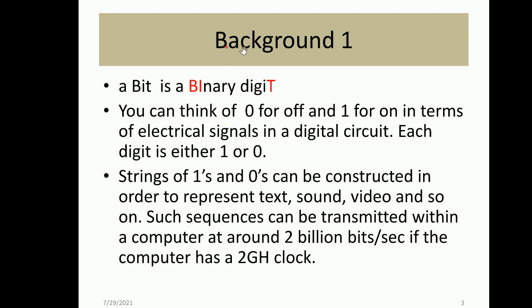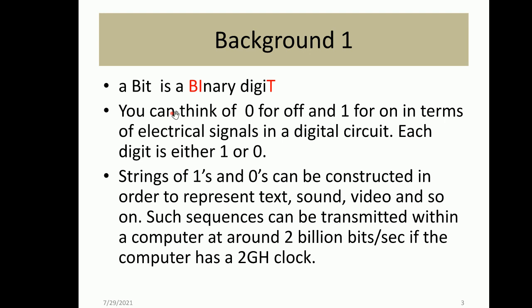So the first bit of background I want to give you is that a bit really stands for binary digit. It's a shortened form of binary digit, BIT, a bit. You can think of 0 as representing an off state and 1 an on state, or in terms of electrical signals you could think of 0 as representing a particular voltage and 1 representing 3.5 volts, if you like, in a digital circuit.